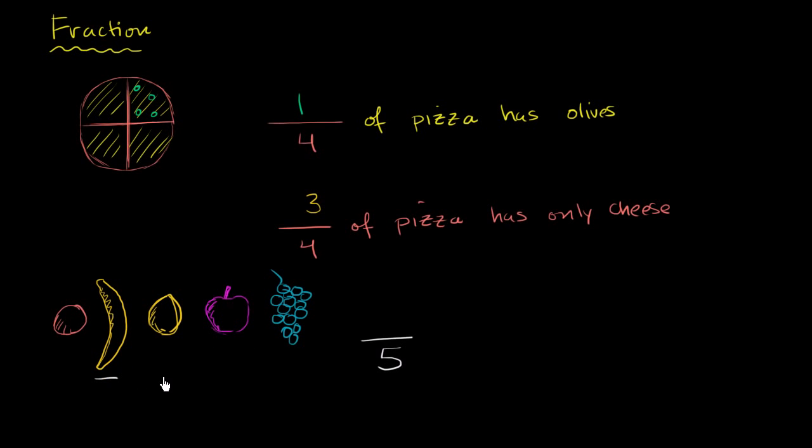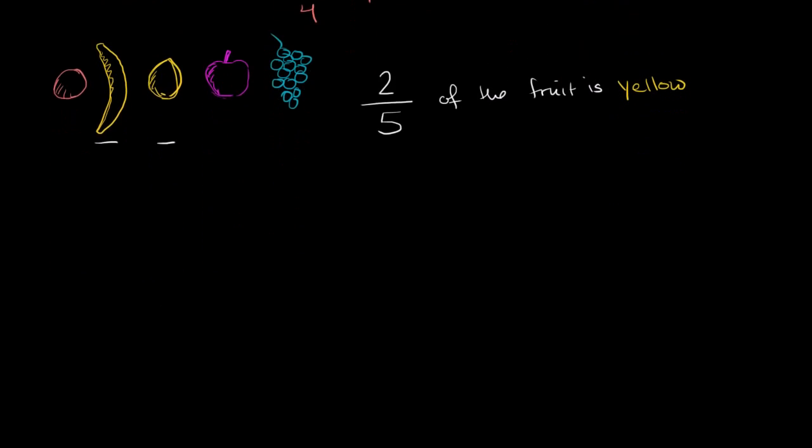Well, the way I drew it, I have 2 yellow pieces right over here. So we'd say 2/5 of the fruit is yellow. Let me do one more example to just really make the point clear.